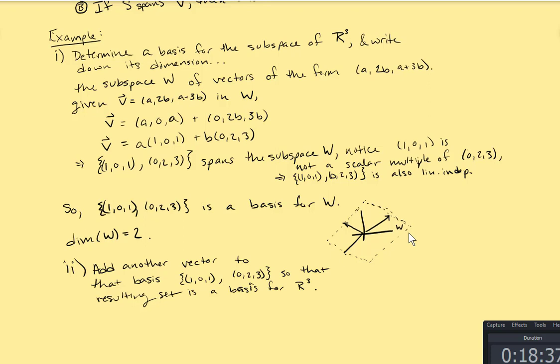Well, we already know how many vectors we would need in R3. R3 is a 3-dimensional space, so we would need 3 vectors to describe it. Why is it 3-dimensional?